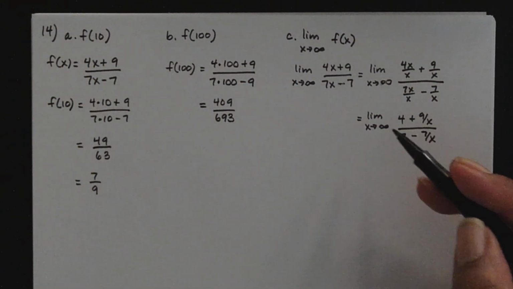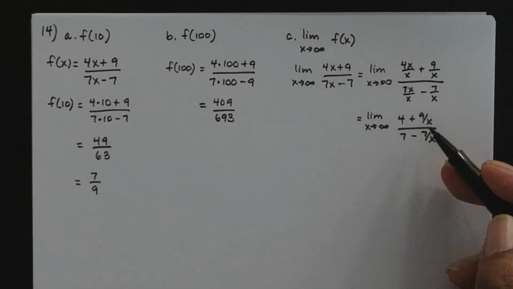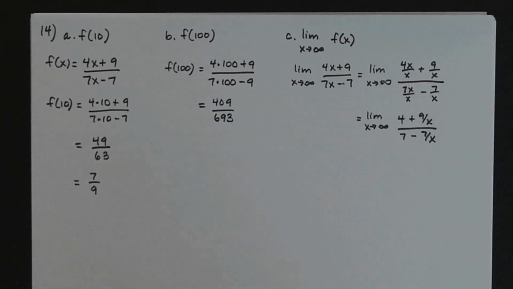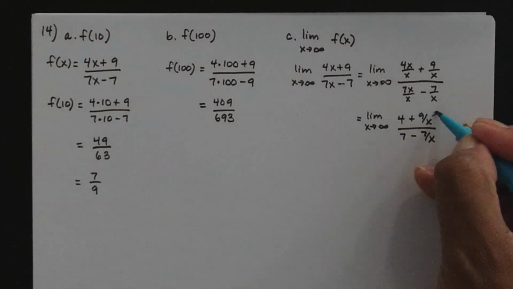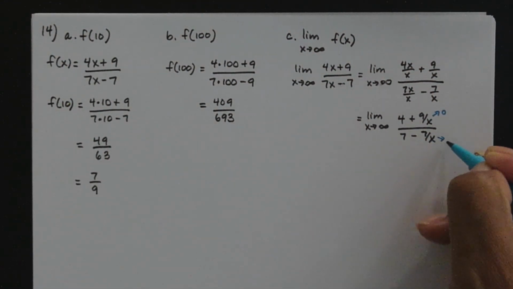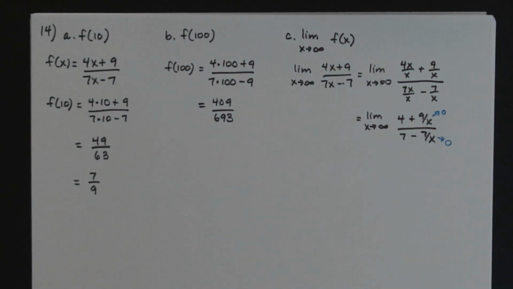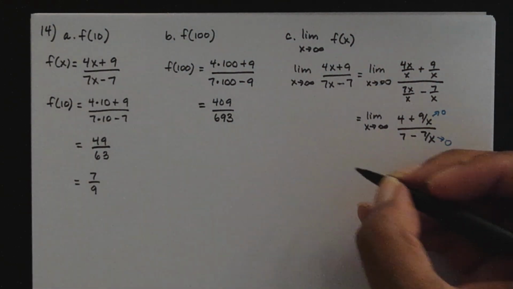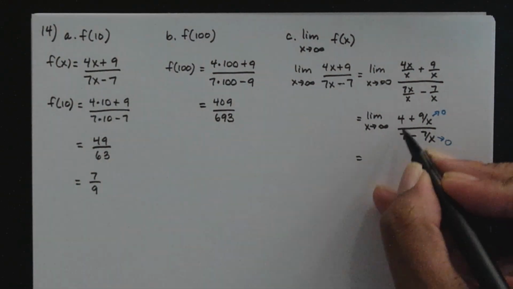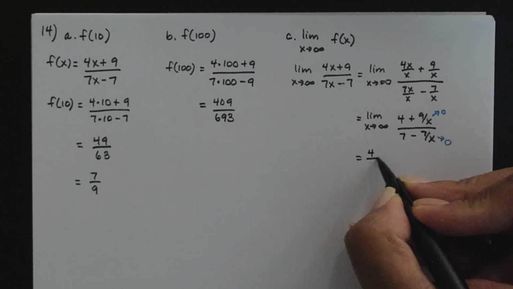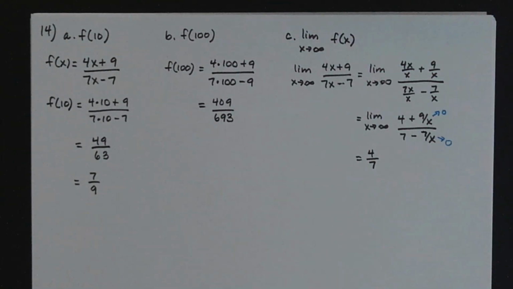And what's going to happen here is as we let x approach infinity, then 9 over x and 7 over x will be going to 0. Both of these will go to 0 as you let x approach infinity. So that means you're going to be left with just 4 over 7. And that would be the limit as x approaches infinity of that function, 4x plus 9 divided by 7x minus 7.